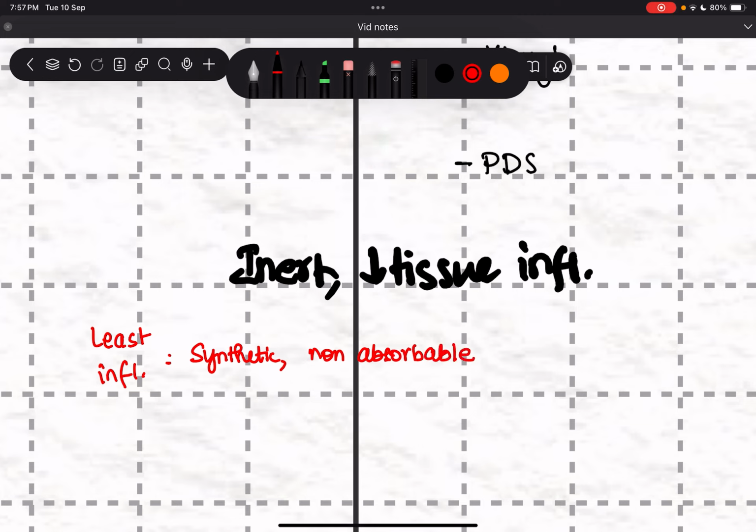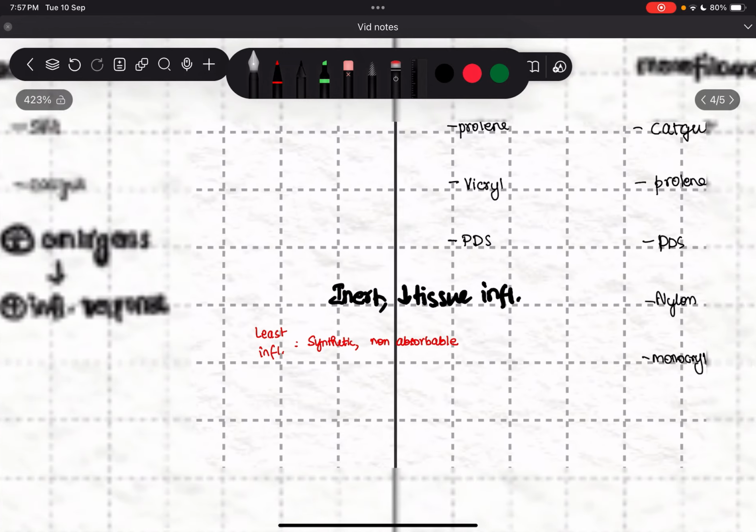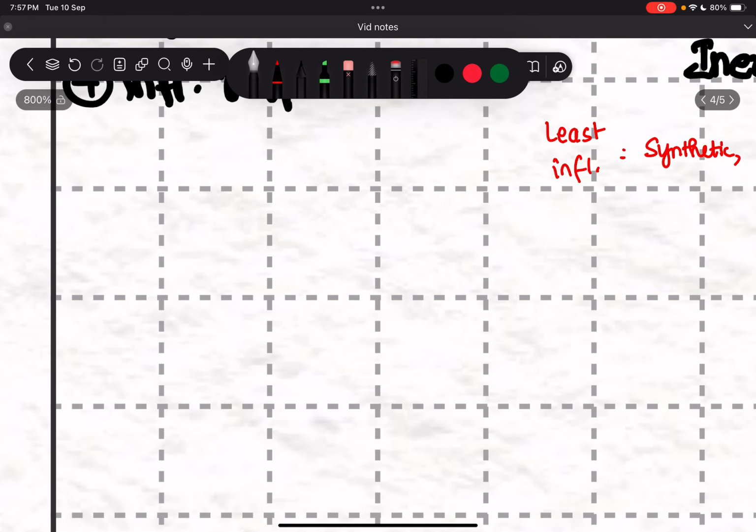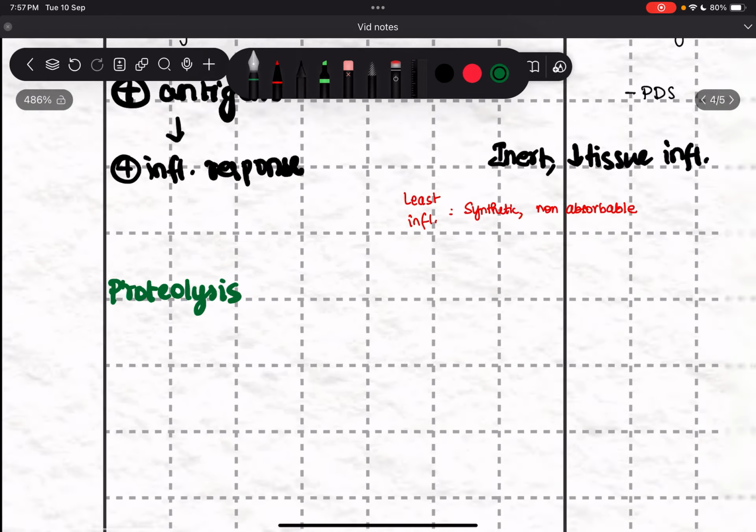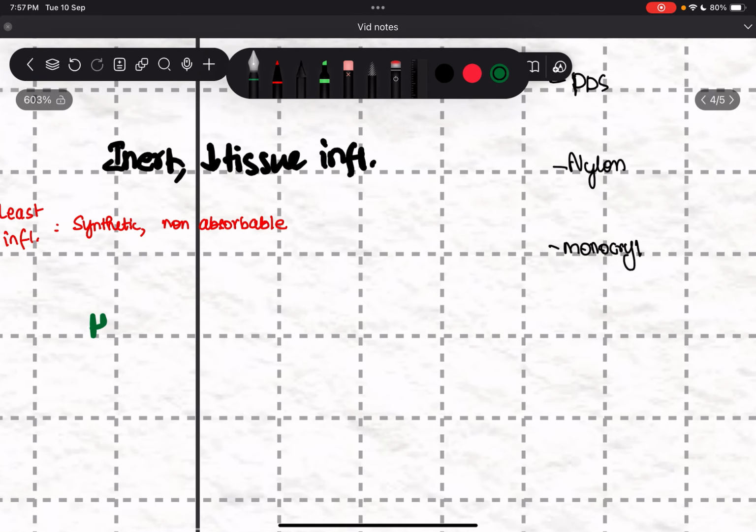And there is dissolution here by proteolysis. Here there is a dissolution by hydrolysis.